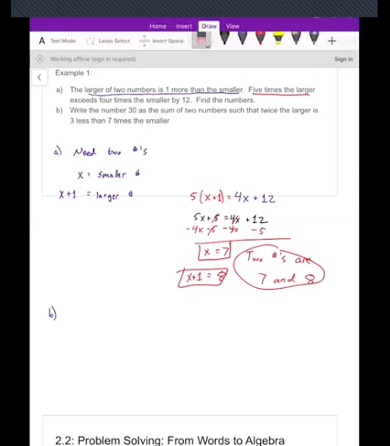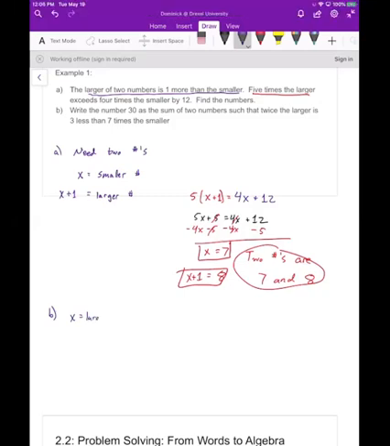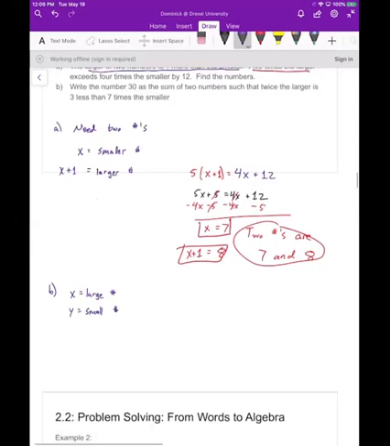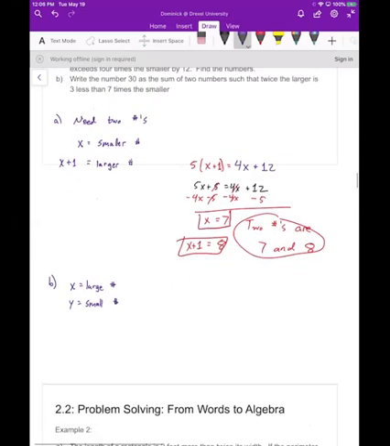Okay, so in this example, we actually need 2 variables here. So I'm going to let x be the larger number and y be the smaller number. I was getting a little confused because in this section we should only be using 1 variable, but I don't think it's possible to do this one without 2 variables.